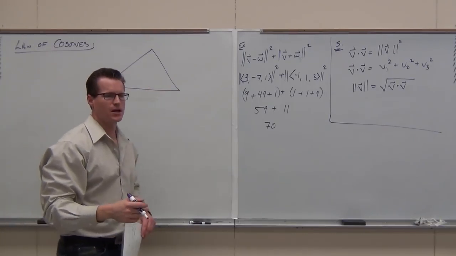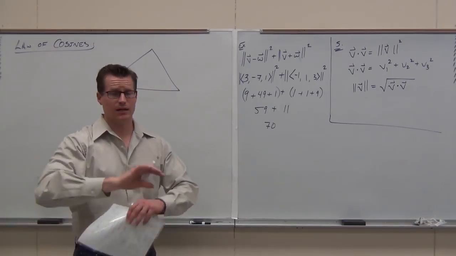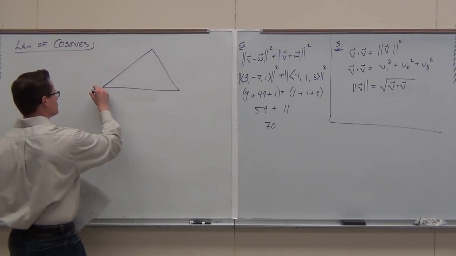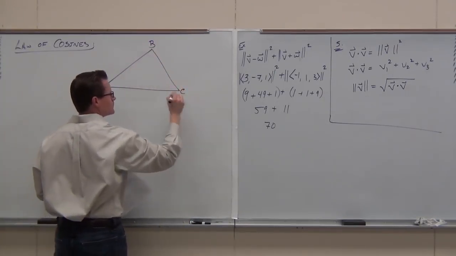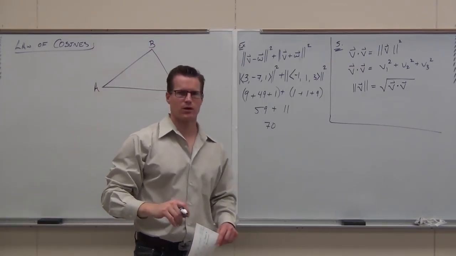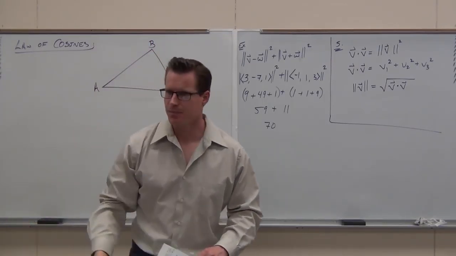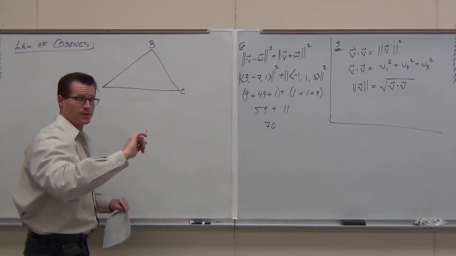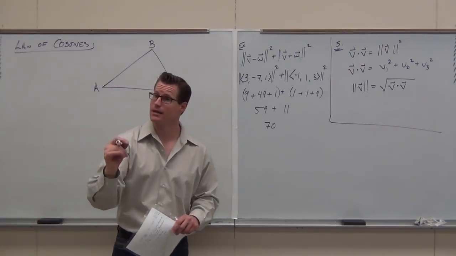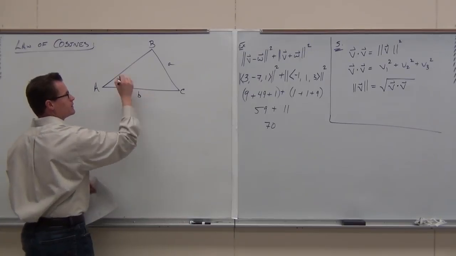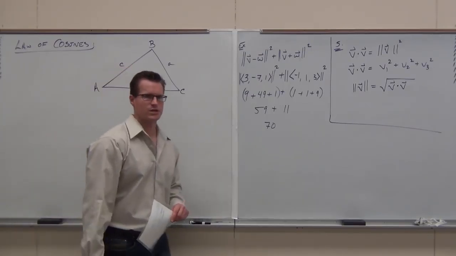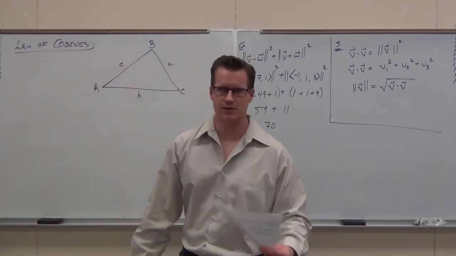The law of cosines says if you have this triangle, any triangle, where the angles of this triangle are given by these capital letters A, B, and C, and the lengths of the sides, please keep this in mind, are given by little a, little b, and little c. So they stand for the lengths of the sides.